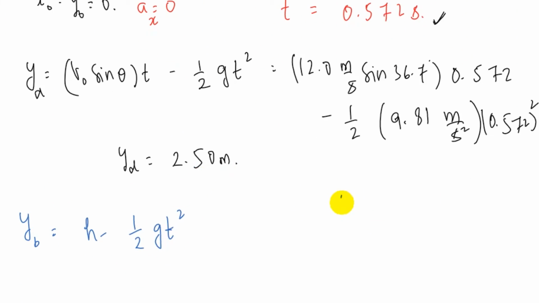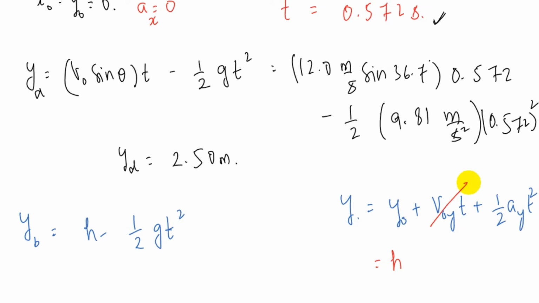We're just using the basic equation y equals y naught plus v naught y times t plus 1 over 2 a y t square, right? Y naught is the initial position for the ball, which is h here. V naught y, the initial velocity, is 0, so this whole term goes to 0, and a y we have minus g in case of the falling ball, so this will be minus 1 over 2 g t square. So this is how we are able to obtain this equation.